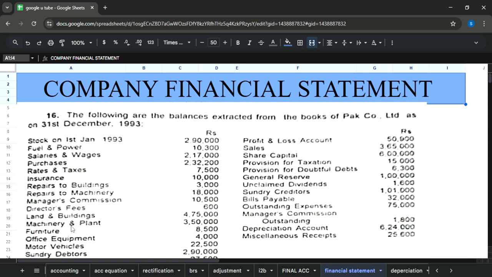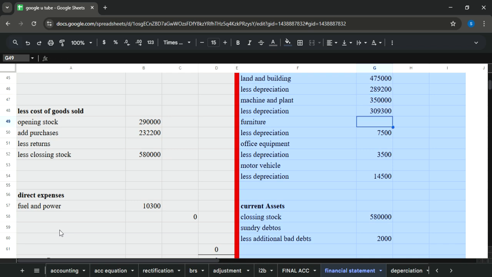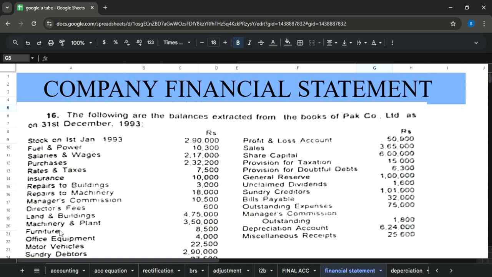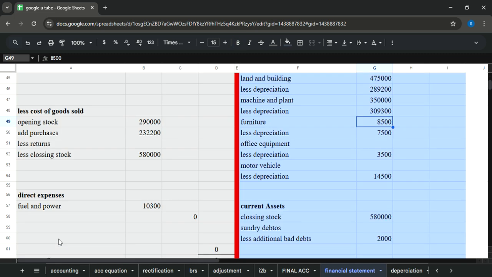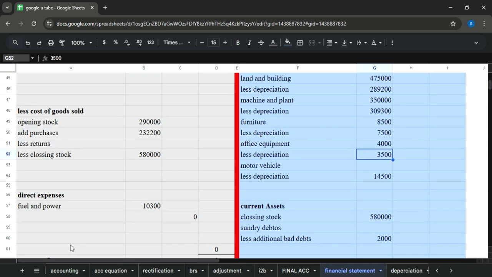Machinery. Now furniture 8,500. 8,500 furniture we have written in the fixed asset side. Office equipment 4,000, mentioning this amount in the fixed asset side. Motor vehicle 22,500.